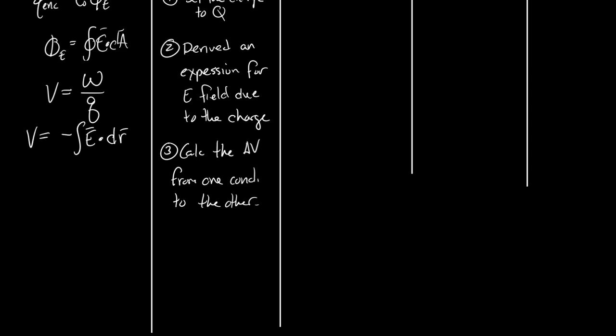The whole idea was to utilize C equals Q over V. We set this one, calculated that one, and when we produced the quotient, we got an expression for C. The Q always canceled out. What we were left with was something that was geometric in nature, meaning it talked about the geometry of the object and how it was related to storing charge.